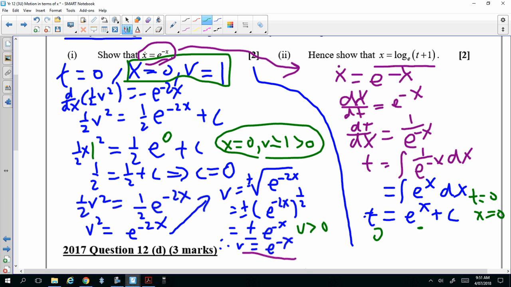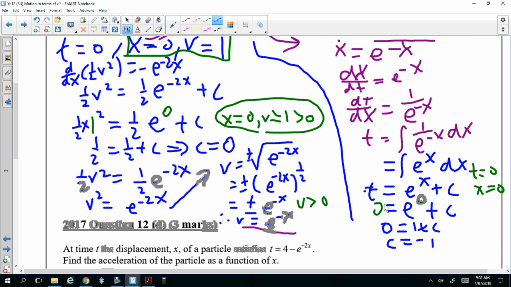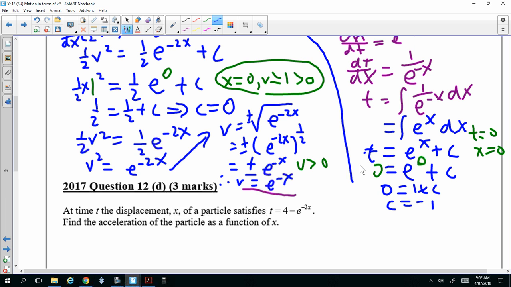We get t equal to e to the power x minus 1. Make e to the power x the subject, and then you get log base e, t plus 1 equal to x, as we expect.